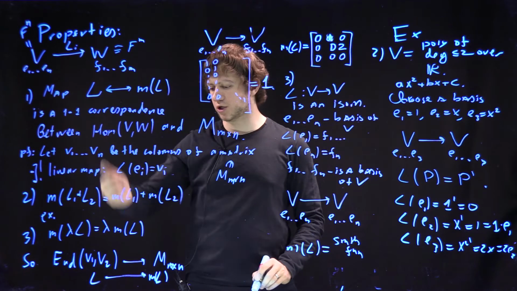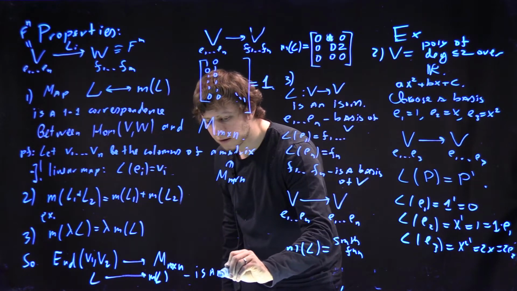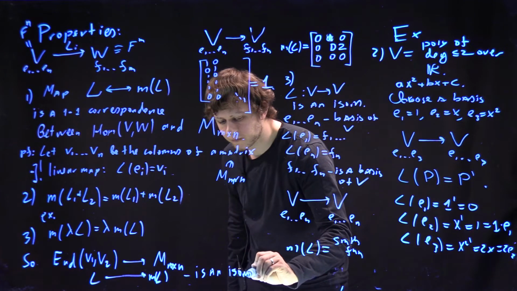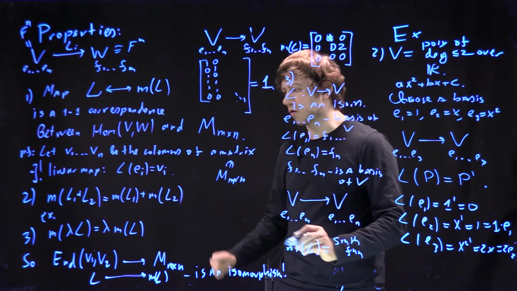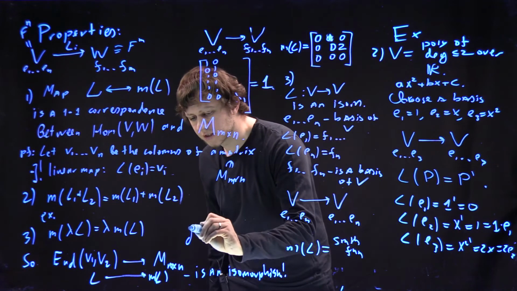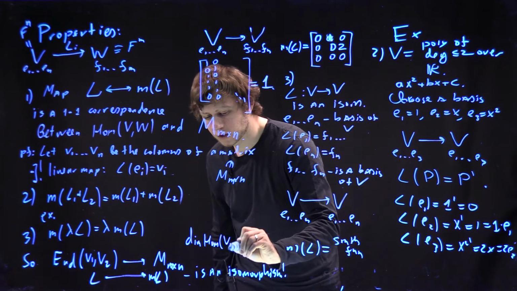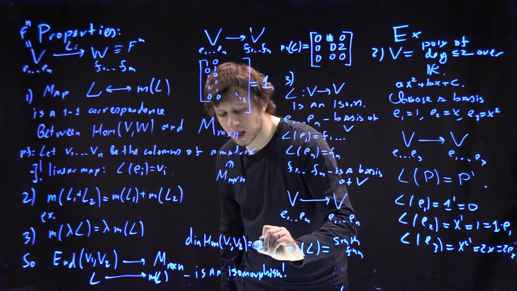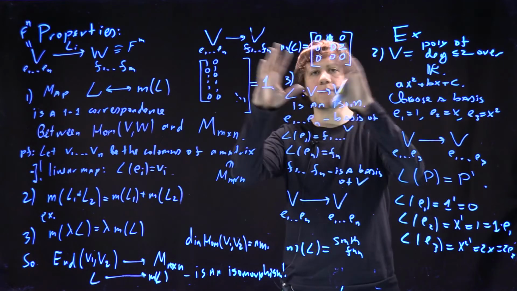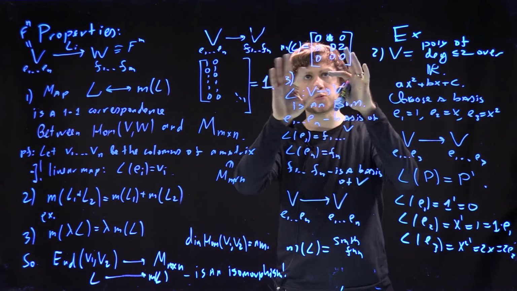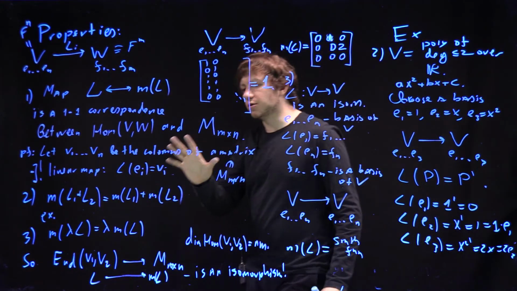And this is a bijection. So this is an isomorphism. And in particular, we have a beautiful corollary. The dimension of this Hom of V1, V2 is just nm, because this is the dimension of matrices as a vector space, where you take as a basis just the zeros and 1 somewhere. So that's the third property.